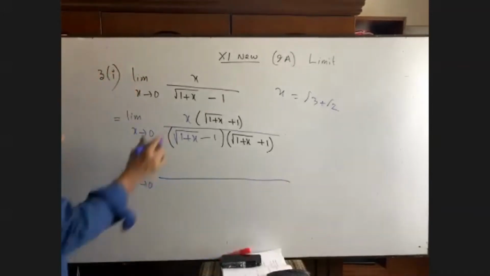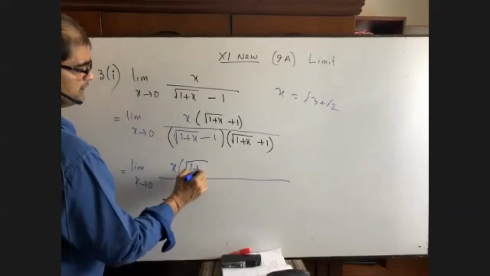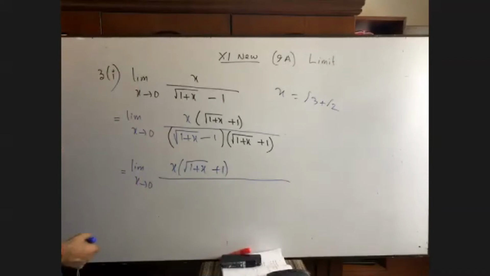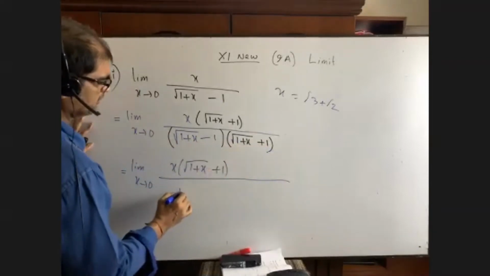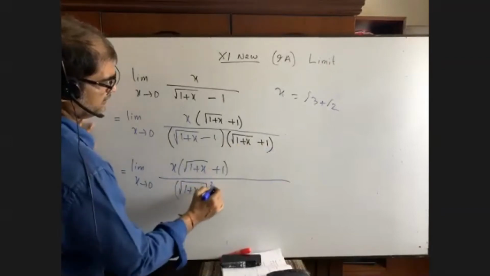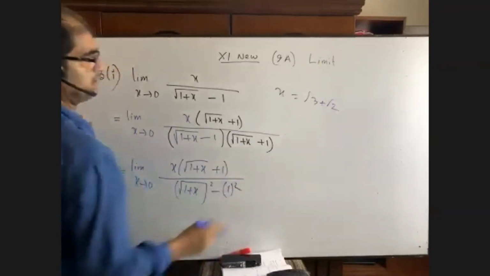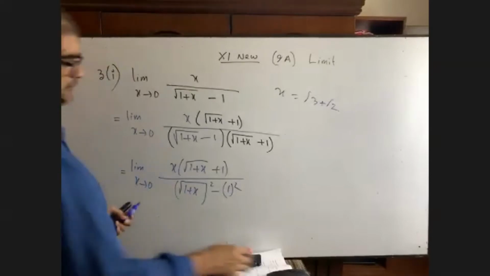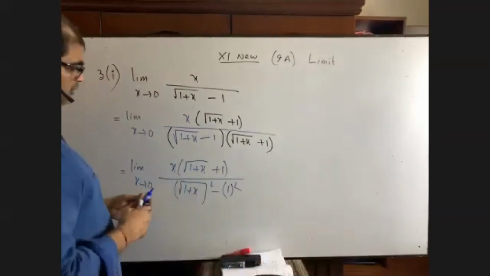You see, here we are getting x into root over 1 plus x plus 1, right? Now in the denominator, a minus b times a plus b equals what? A square minus b square. Is it okay? Now please calculate.